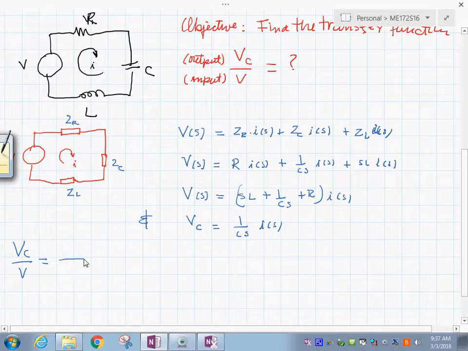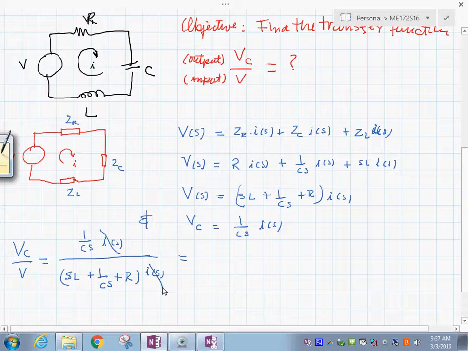And I would get 1 over C times S multiplied by S times L plus 1 over C times S plus R.